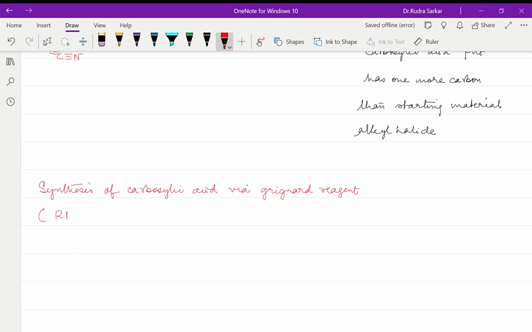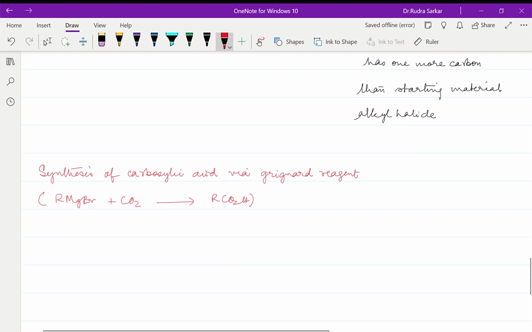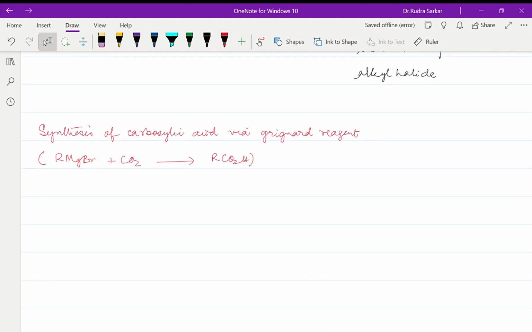In other words, we will be using an RMgBr with dry ice, that is solid CO2, followed by acidic workup, and we will generate our carboxylic acid.